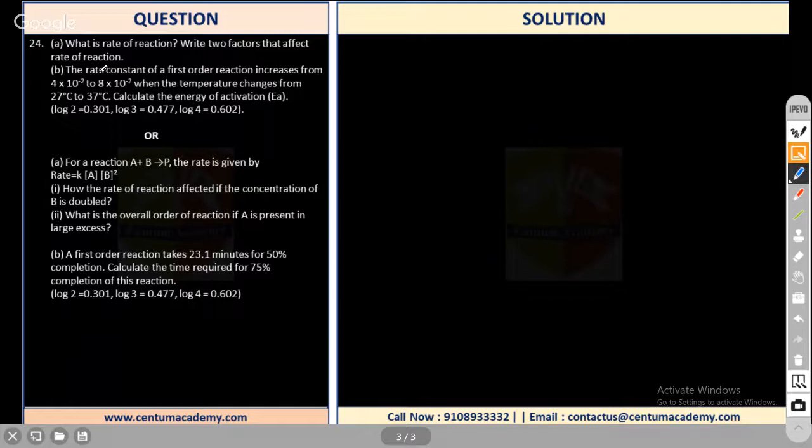Right? Does it depend upon the stoichiometric coefficient?